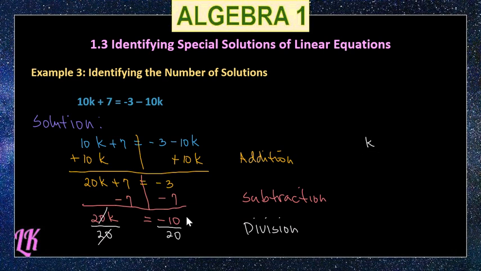And then negative 10 divided by 20 is negative 1/2. Now this means that there is only one value of k that will make the equation true, and that is when k is equal to negative 1/2.